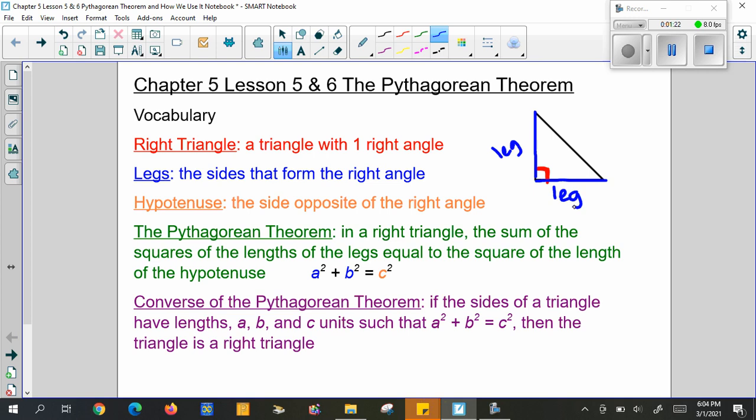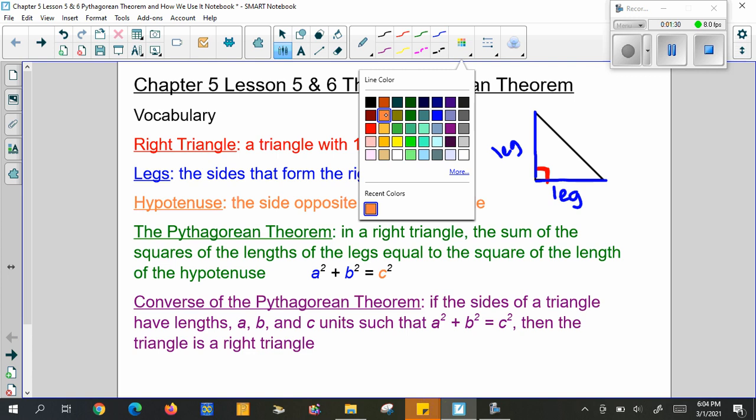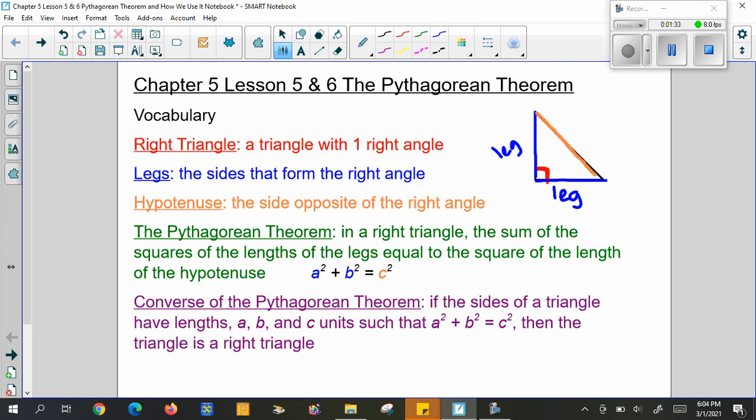Where the hypotenuse is the side that is opposite of the right angle. And we use these to help us describe the pieces of a right triangle. Because if we put these pieces in the right spot in an equation we're going to learn, it will help us find any missing piece that we might not have.